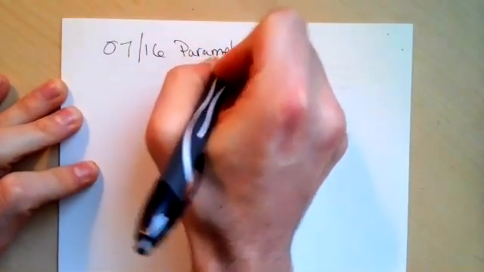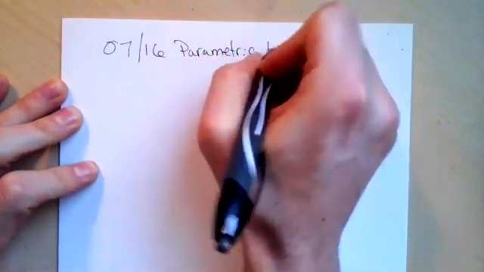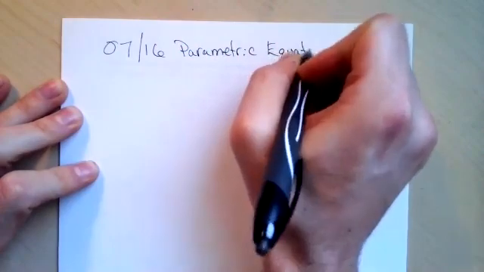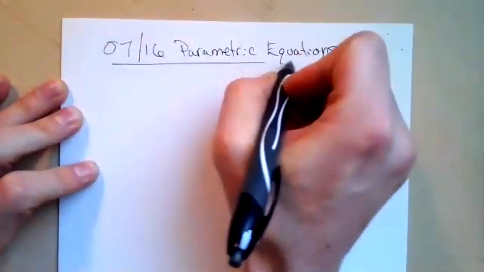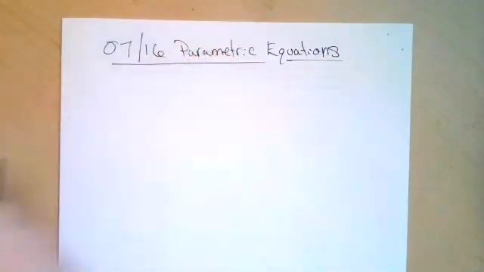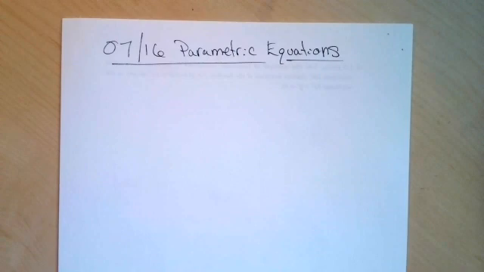Okay, so the topic for today, we want to continue with parametric equations. And we may want to get into the calculus a little bit, or we are going to get into the calculus a little bit.